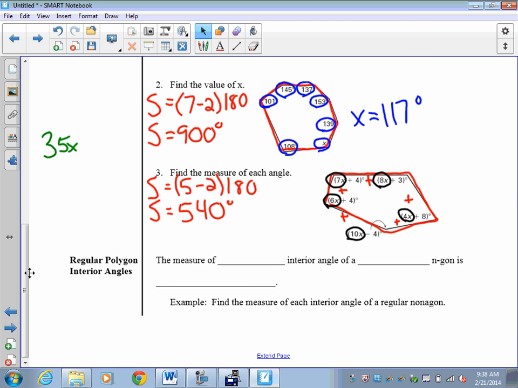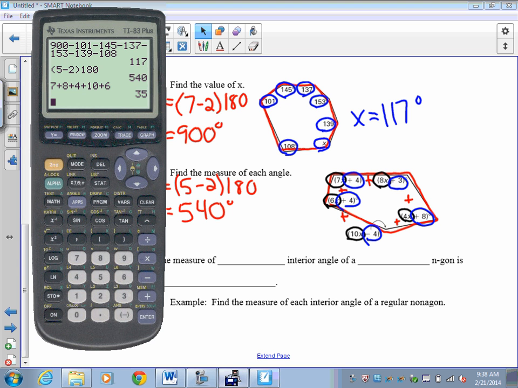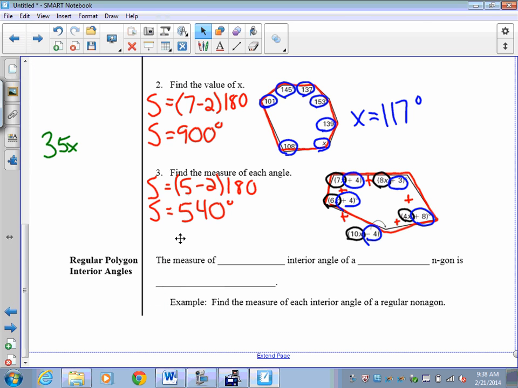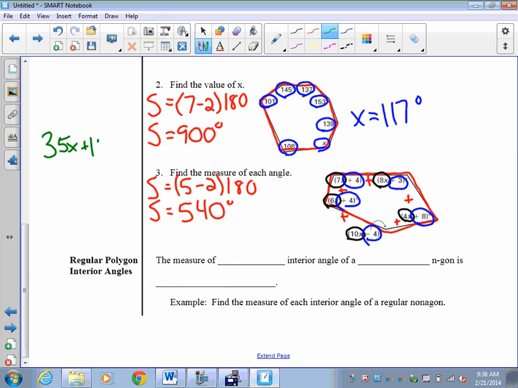And then I'm going to take my numbers, plus 4, plus 3, plus 8, minus 4, plus 4. So 4 plus 4. So I get plus 15. So all I did was combine like terms, and I know that's going to be equal to 540. Once I have this, it should be a pretty simple algebra problem.